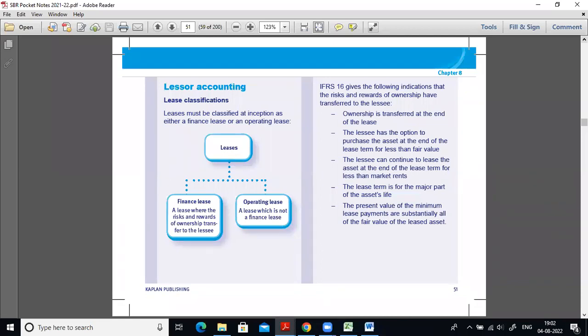Normally, if I want to purchase the asset after the lease term, as per the market value I need to pay 1 lakh. But because I am a lessee, I can acquire that particular asset for only 40,000, which is less than the fair value. In that case also, you can assume that the risk and reward is transferred. I believe statement 2 is clear, participants. Is that clear?